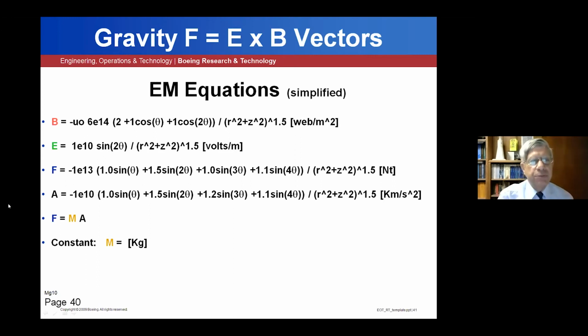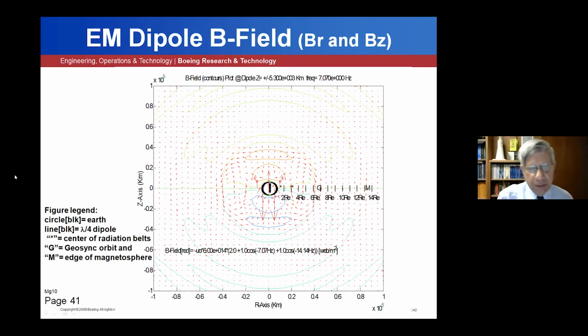Now we get to some of the prettier pictures that MATLAB generates, starting with, this is the B field. The black circle in the middle is planet Earth. The little bar, vertical bar, is the dipole in the planet. The first dot is the inner belt, center of the inner belt.